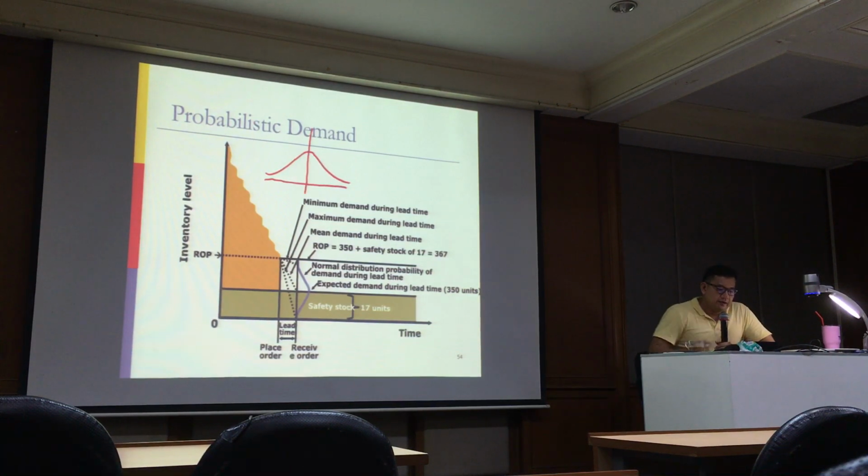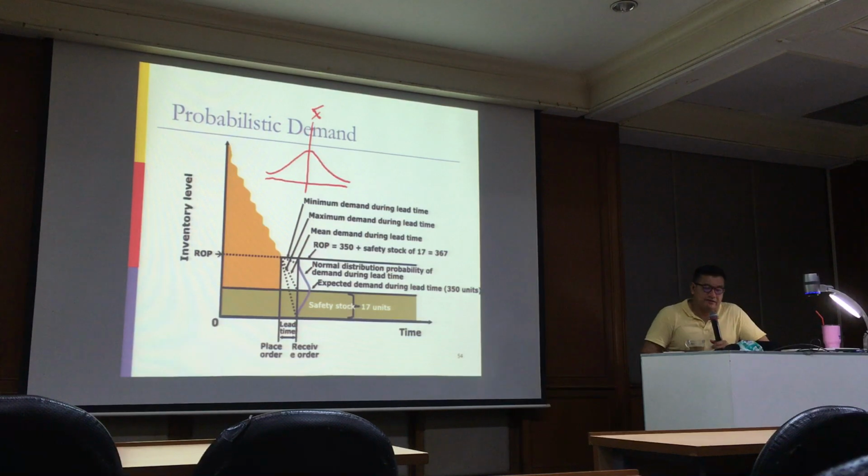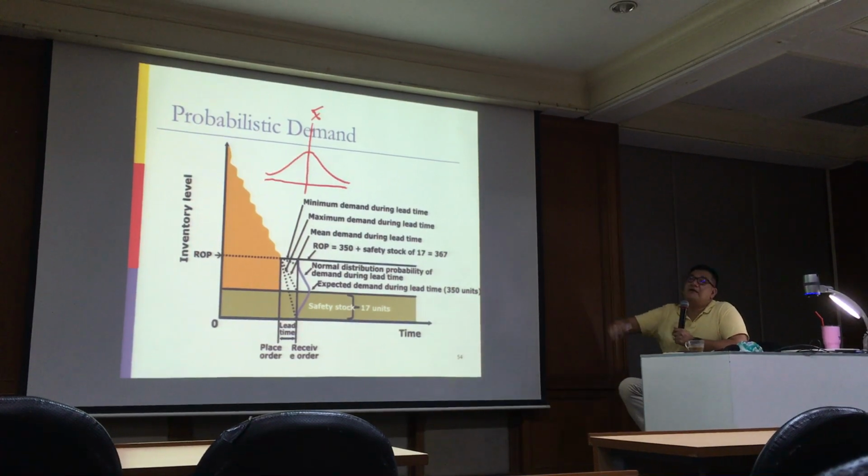This is the distribution of demand during the lead time. If demand during the lead time is as you expect, equal to the mean, it's at the center of the distribution.